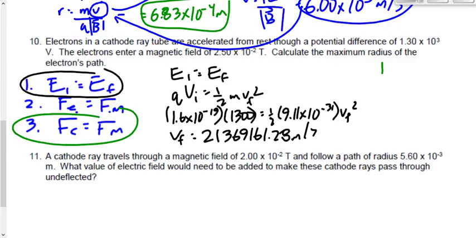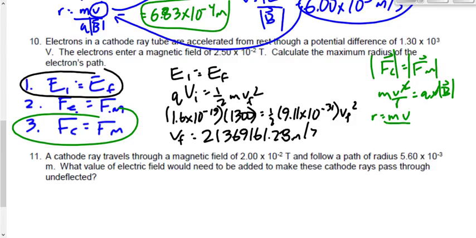As Shaylin told me here, FC equals FM. mv squared over r equals qvB. v's cancel. R is equal to mv over qB. And I have the value of v here, right? Sub into here. m is the mass of the electron. q is the charge of the electron. Got the value of B. Solve for R works out to be 4.87 times 10 to the minus 3.